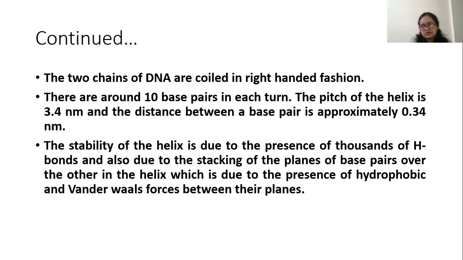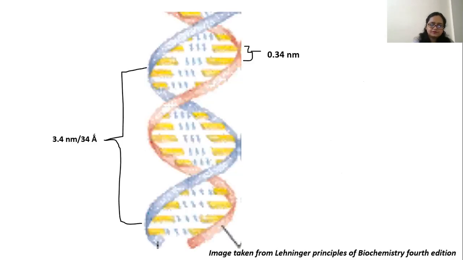The other stability is given by the stacking of the planes of base pairs over one another in the helix, which is due to the presence of hydrophobic and van der Waals forces between their planes. So there are non-covalent interactions between the planes of the base pairs and the hydrogen bonds in the helix, which lead to the stability of the DNA.